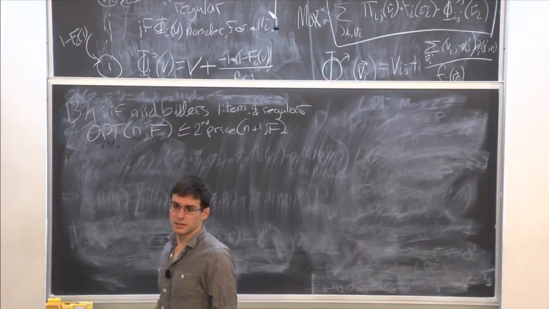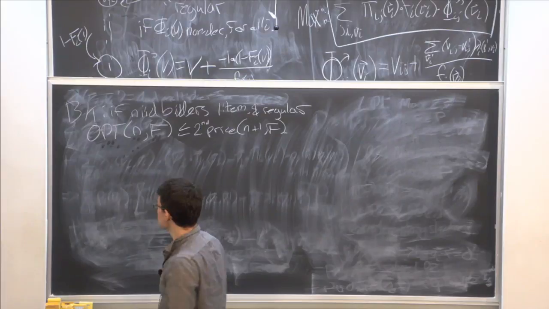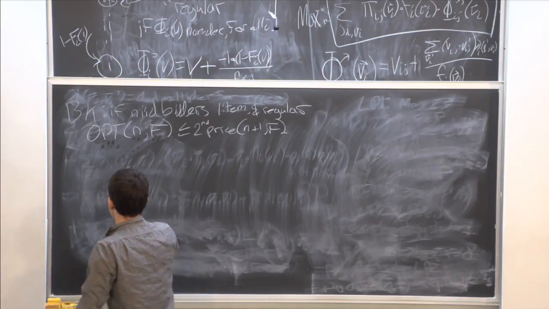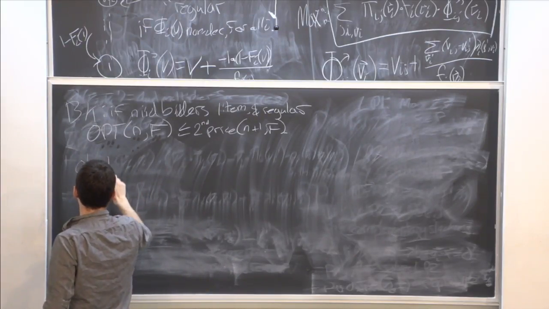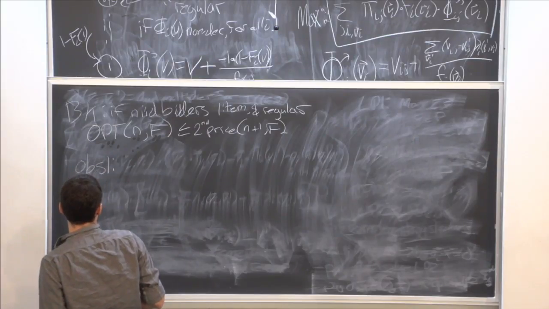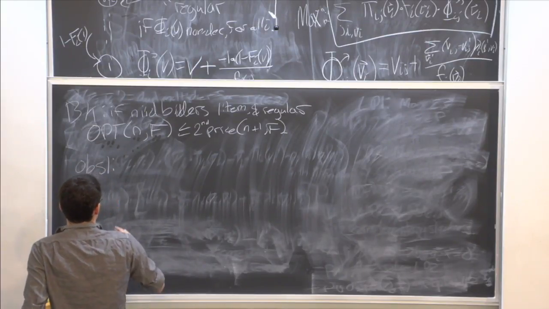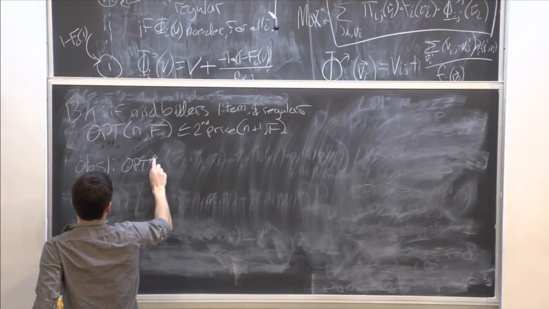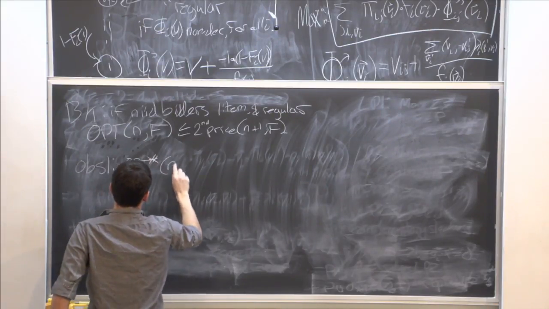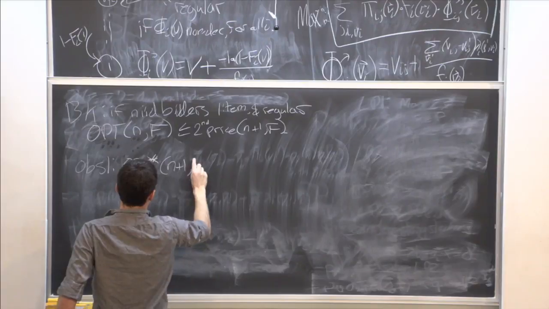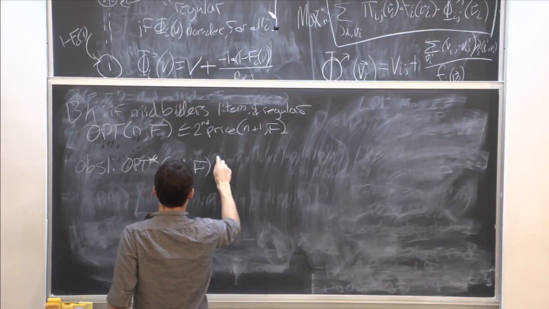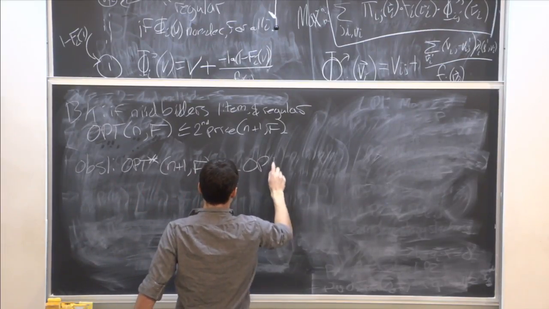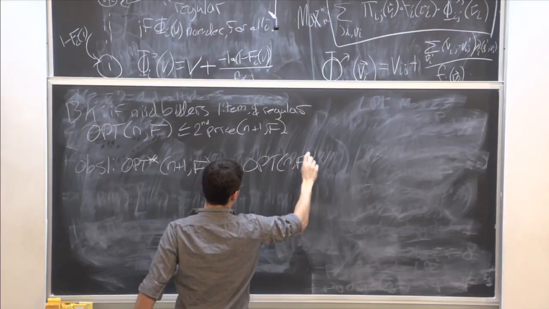So here's observation 1: let's call this opt star of n plus 1 f is at least opt of n f.